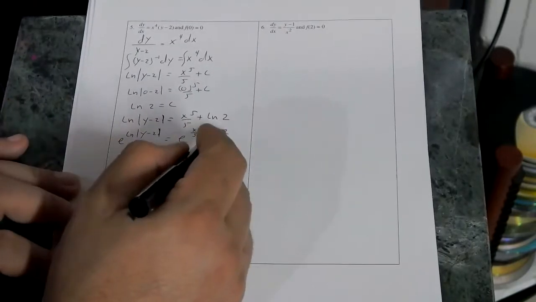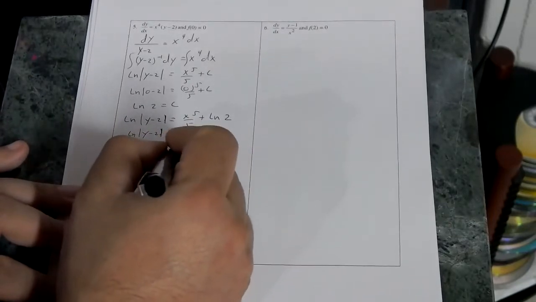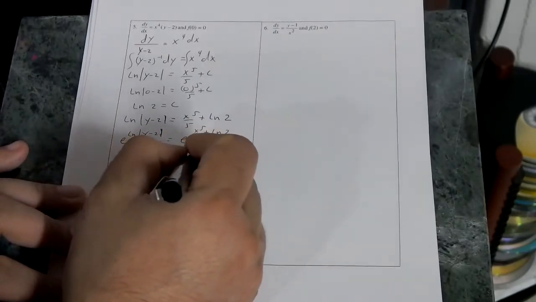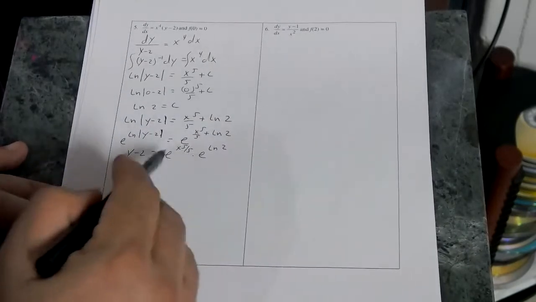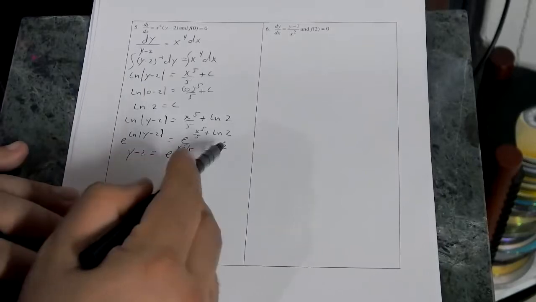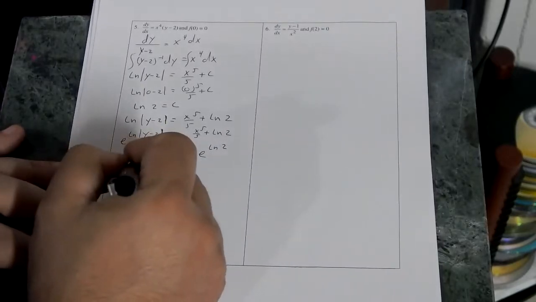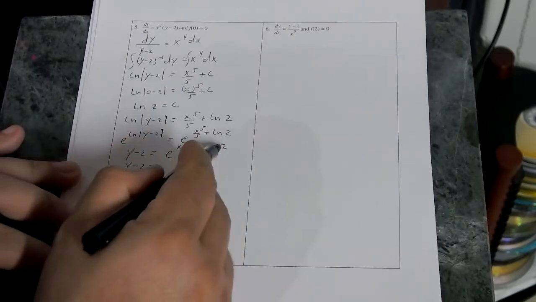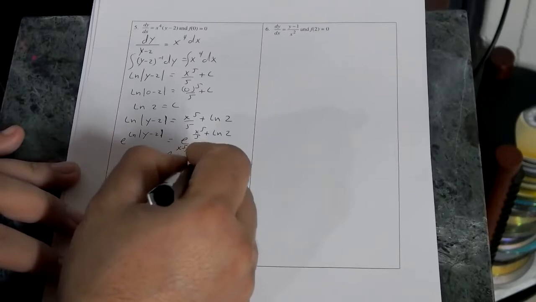And e to this power, since it's a plus, I'm going to rewrite it as e to the x to the fifth over 5 times e to the natural log of 2, because if they're the same base, you would add the powers. So I end up with y minus 2 equaling 2 e to the x to the fifth over 5.